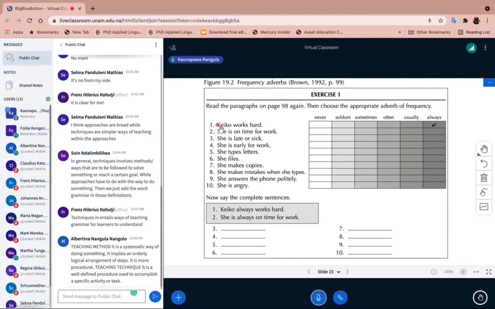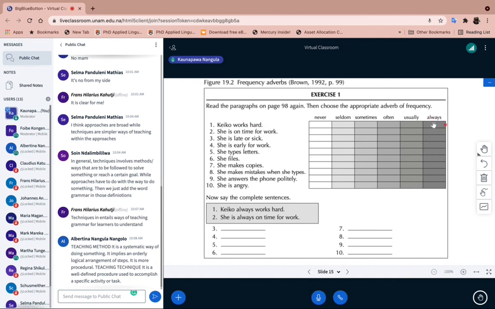And when they read the sentence, Keiko works hard, we have the adverbs of frequency: never, seldom, sometimes, often, usually, always. And when they read the paragraph, it will indicate which adverb speaks to how hard Keiko works. All right. Maybe it's not stated exactly that Keiko works hard, but from the examples on Keiko and how she works, it will indicate how often she works hard. Okay.